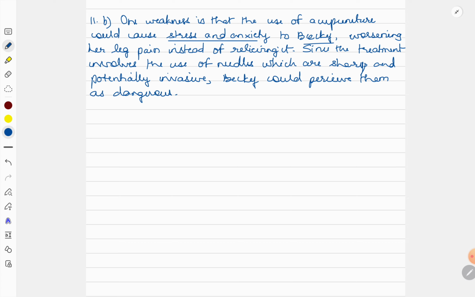So here I have explained why she would be stressed out or why she would be anxious. This is known as elaboration. This is known as explanation. Explanation always answers the question why.